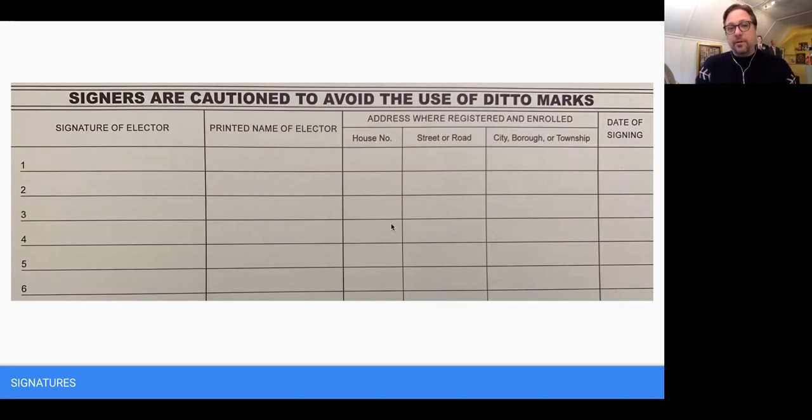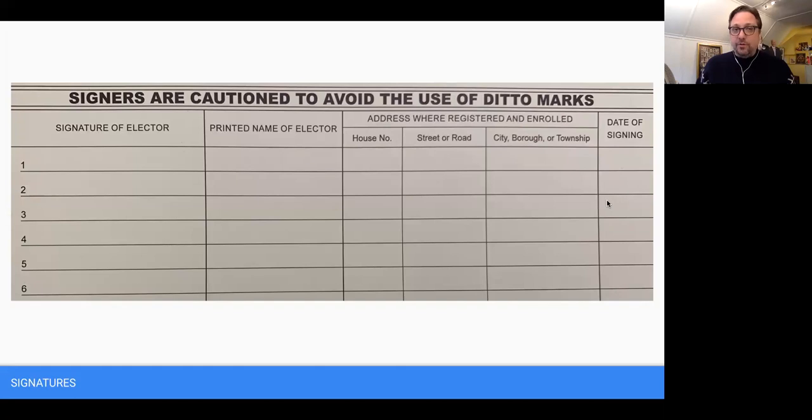The other thing that is common for signatories to do is to use ditto marks on the city and borough line, or on the date of signing line. Ditto marks are not legal marks for your petition.